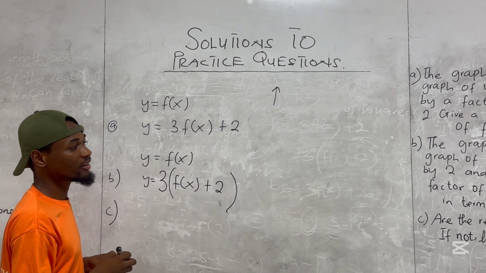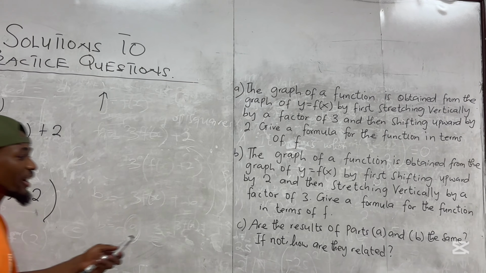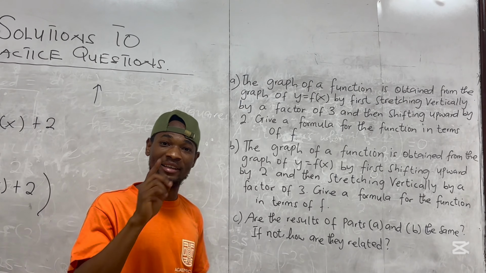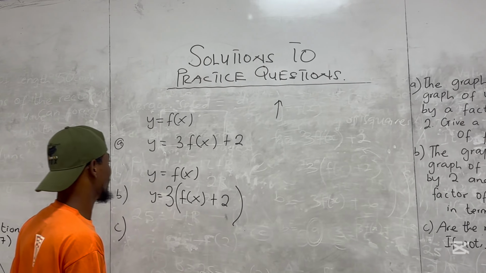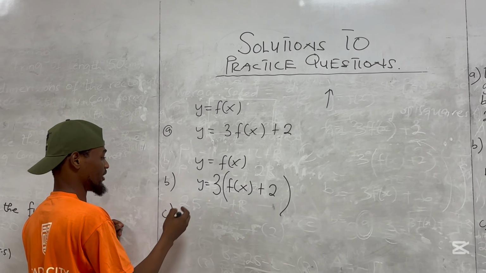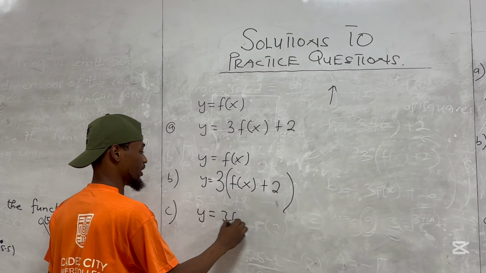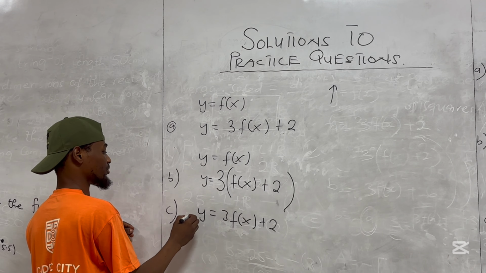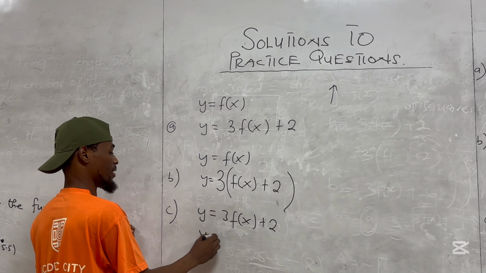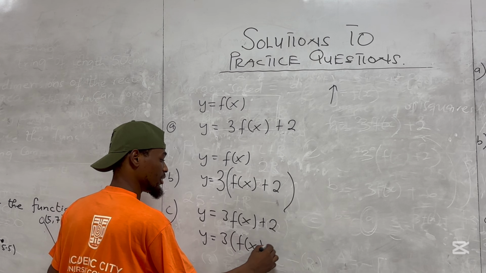Then C, okay, then give a formula. So this is the formula. C, are the results of part A and B the same? So let's do comparison. This is A. A is y equals 3 f of x plus 2. Then B, we have 3 times f of x plus 2.